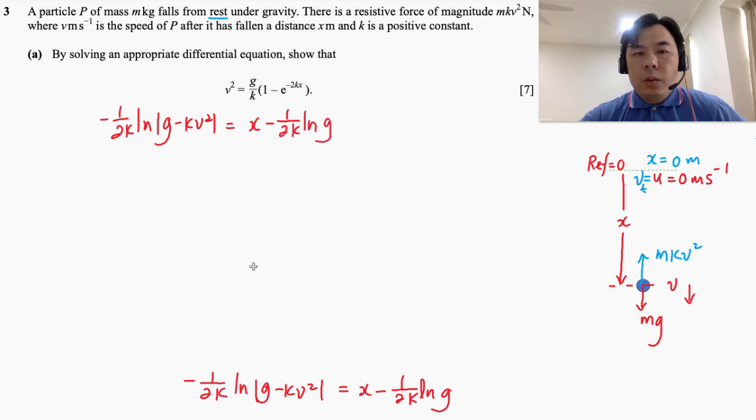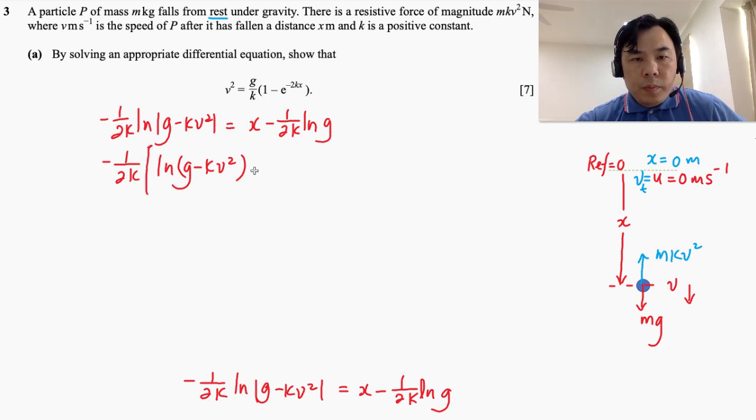All right, that's how it looks. And then we can combine these two terms together. Therefore, we will get something like this. For simplification, I just ignore the modulus sign. Okay, that's how it looks.